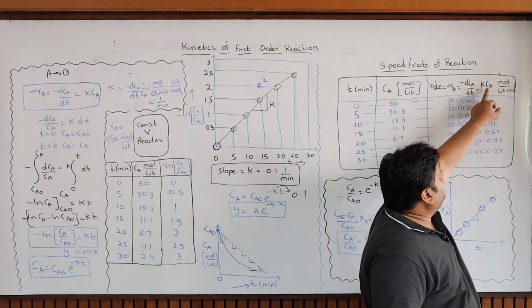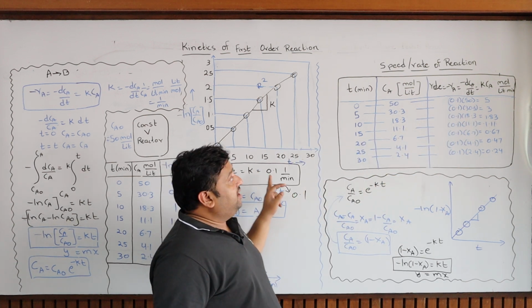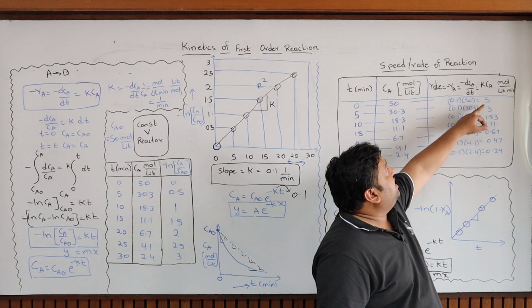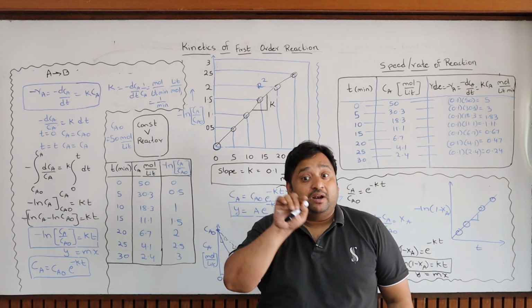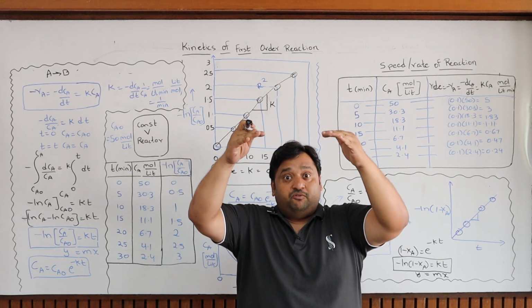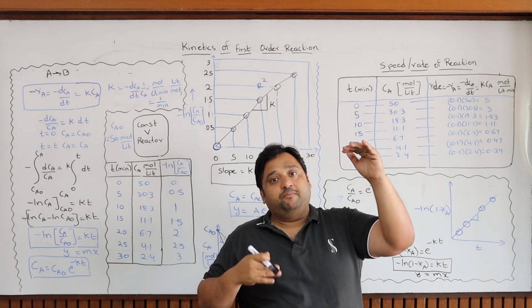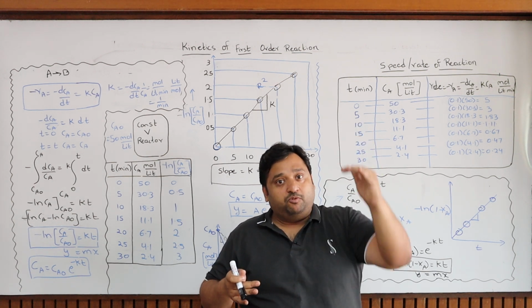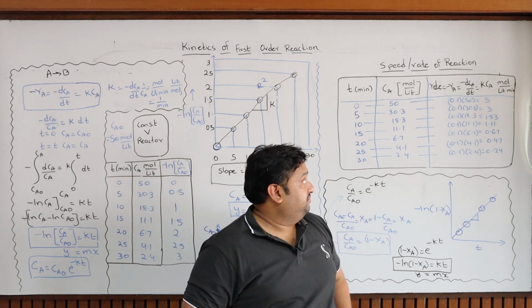It is k times Ca. The k I got from this equation is 0.1, into this concentration, which gives 5. That means the speed of the reaction is 5 mole per liter every minute. That means if you start at 50, every minute the concentration will drop by 5 mole per liter, that is to 45 mole per liter, like that.